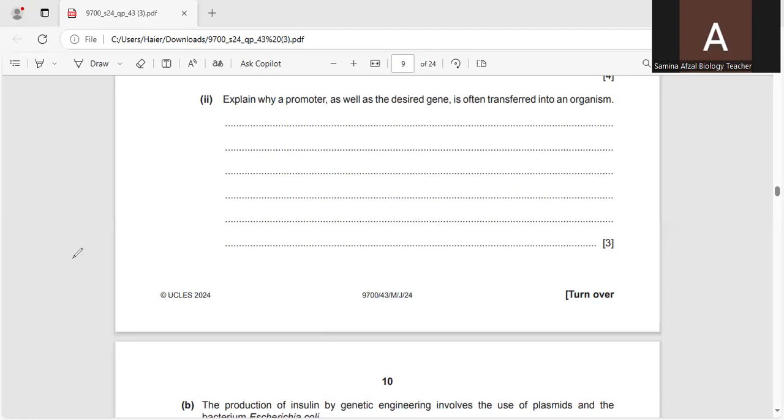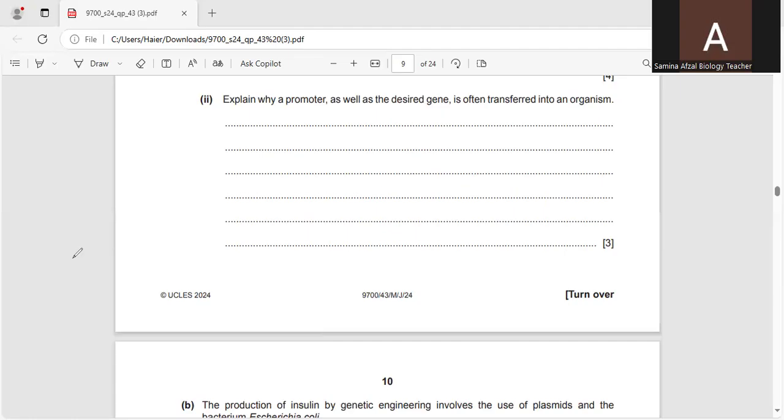Without a promoter, RNA polymerase cannot recognize the gene, and transcription cannot start. It also controls gene expression, so promoters can regulate the level of gene expression by controlling the rate of transcription. Different promoters have varying strengths, which can affect the amount of protein produced from the gene. So in this way, it has its specific role.